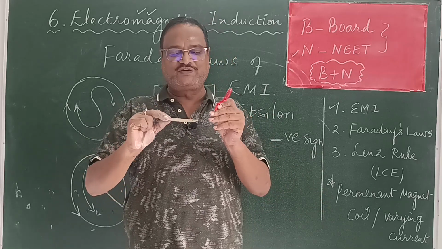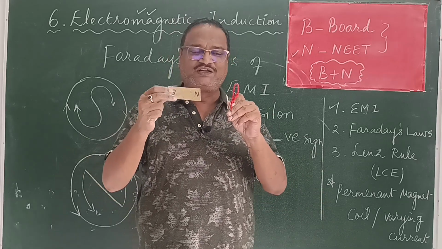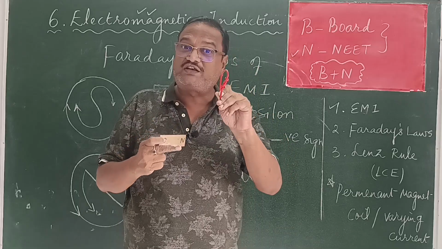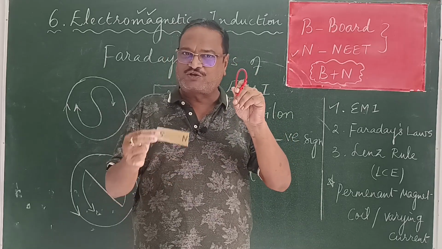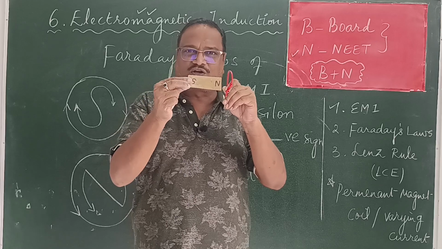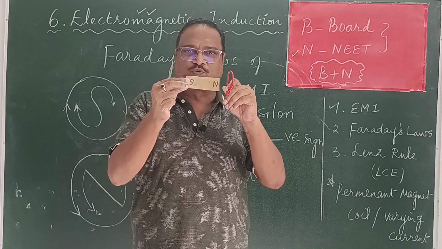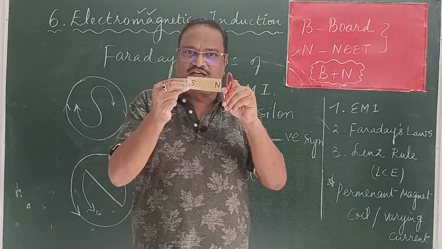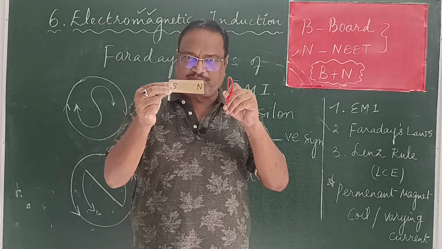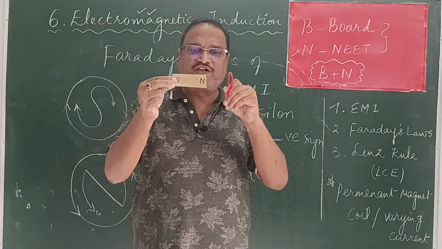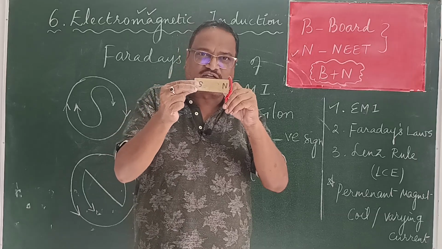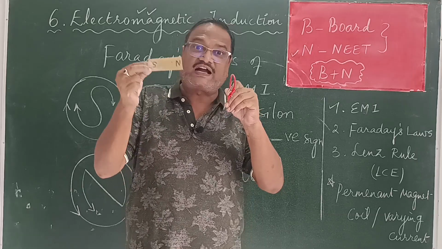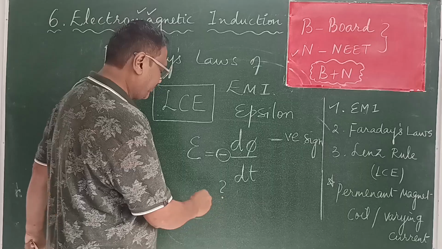So, if this is a north pole, this ought to be north pole. This side ought to be north pole. Why should this be north pole? Because north pole will repel. When it repels, then I will do work. That work I do by pushing it.